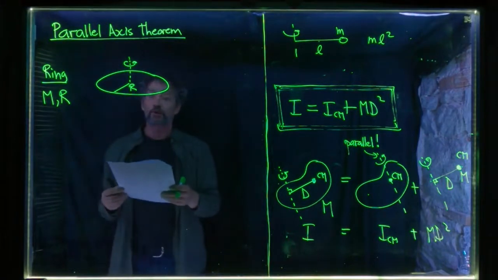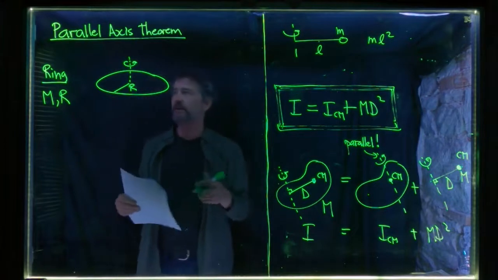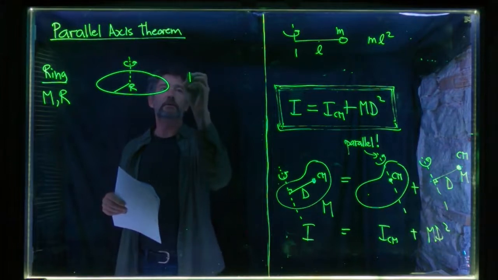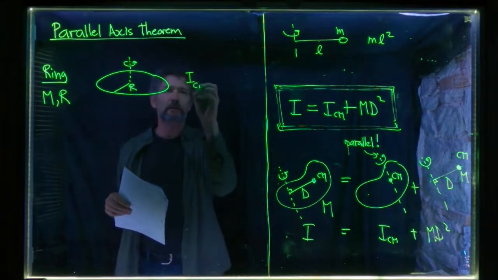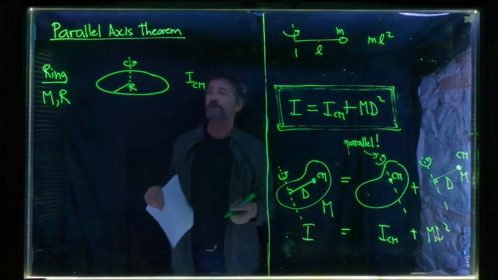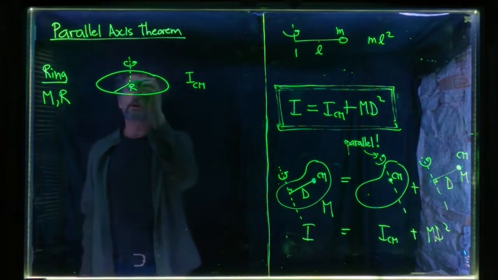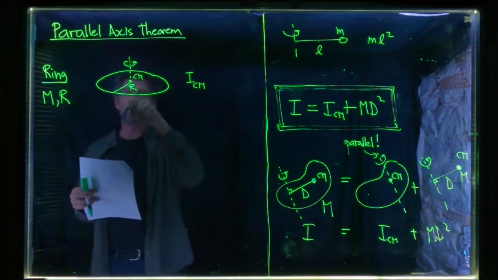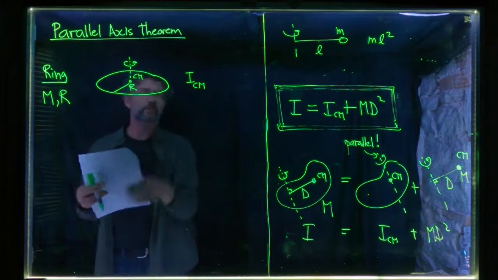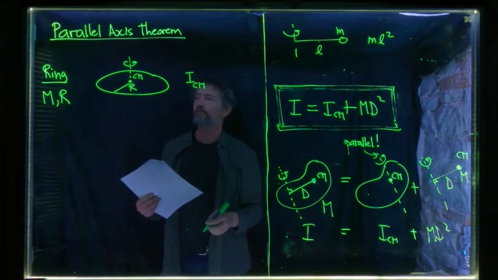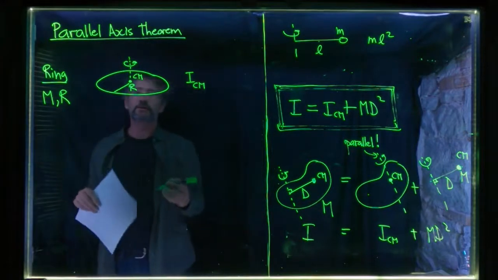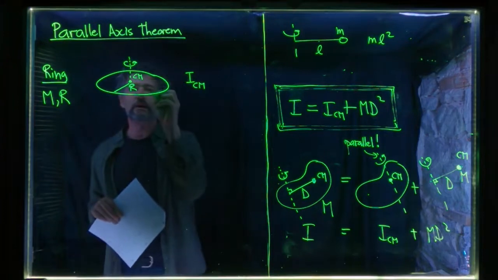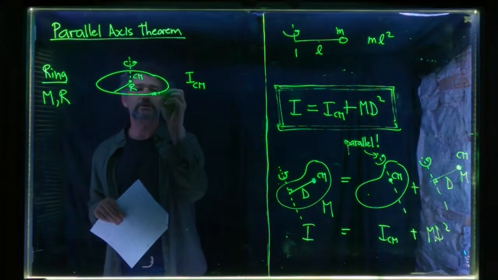And so what is the moment of inertia in this case? So the moment of inertia for rotation about the center of mass, we can just guess this result just by looking at it. We're rotating about the center of mass. Obviously that's the center of mass point. And so we have an axis passing through the center of mass. What's the moment of inertia for rotation about that center of mass point? We can guess the answer immediately, because we take this ring and break it up into a whole bunch of little chunks of mass.